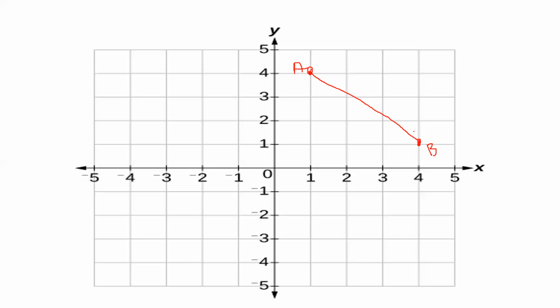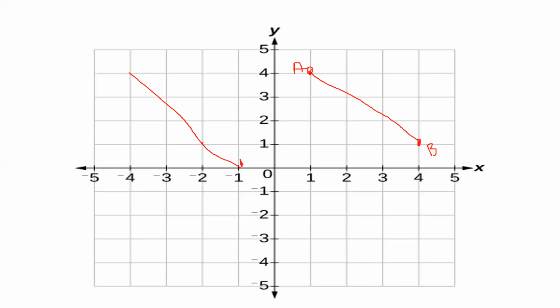Then what is the other concept? Assume you have a line, somewhere, with points A and B. Okay, the line is not straight here, but assume it is straight.